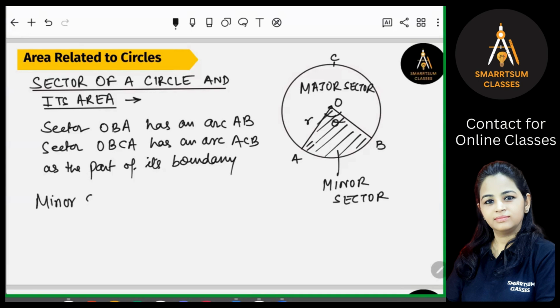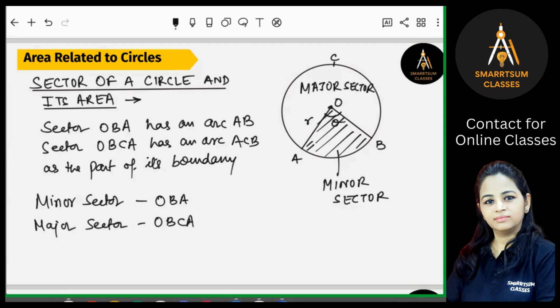A sector of the circle is called a minor sector if the minor arc of the circle is a part of its boundary. Here OBA is the minor sector. And the major sector is OBCA. A sector of a circle is called the major sector if the major arc of the circle is part of its boundary.